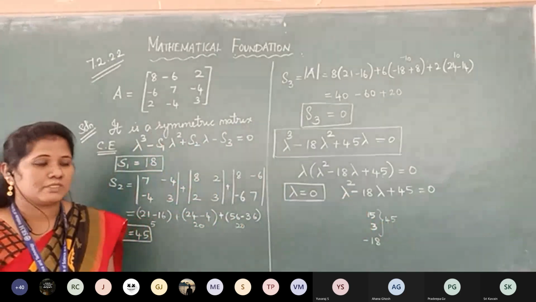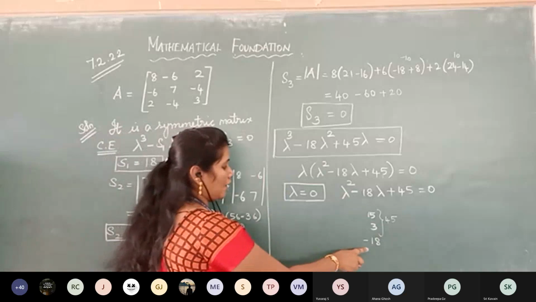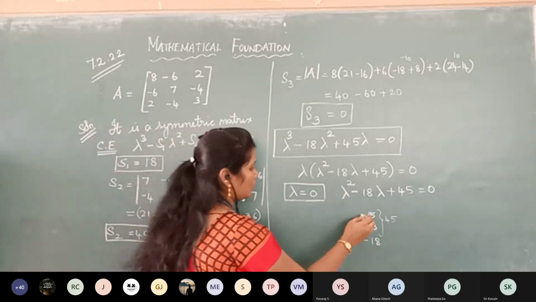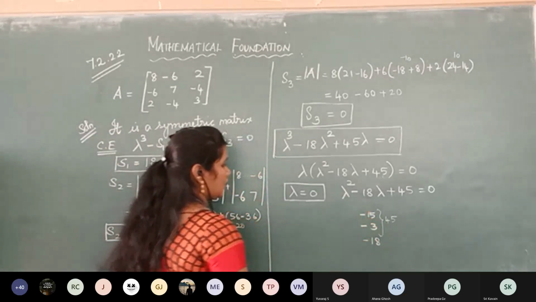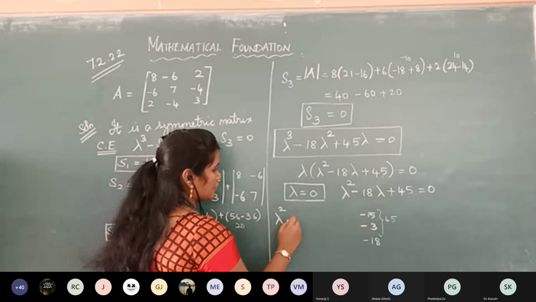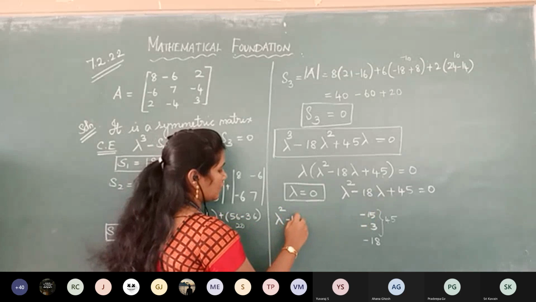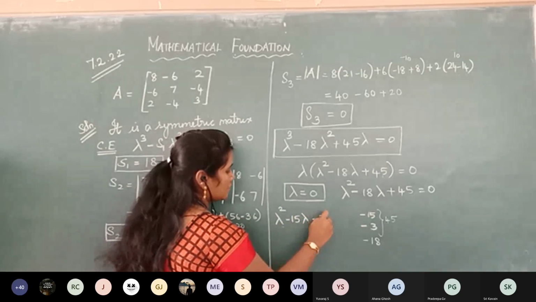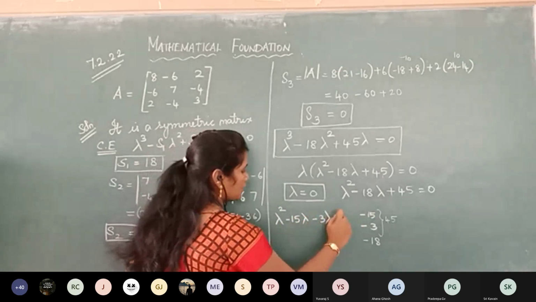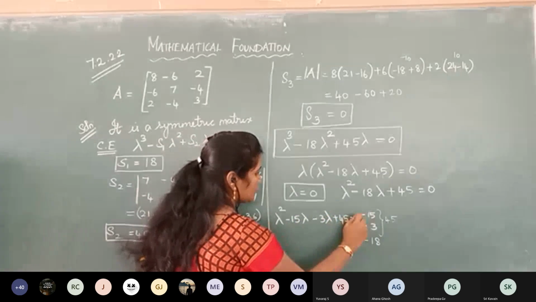When you multiply, you need to get positive, and when you add, you need to get negative, so we will put minus minus. So when you write it, lambda square minus 18 lambda becomes lambda square minus 15 lambda minus 3 lambda plus 45 equal to 0.